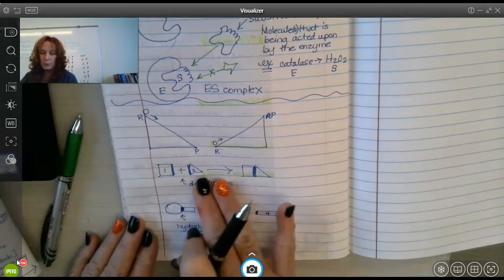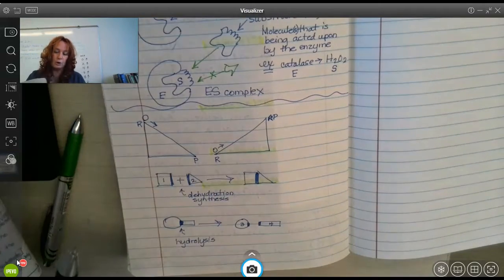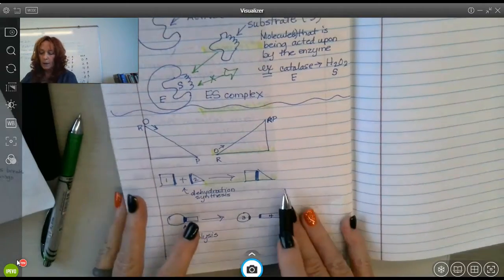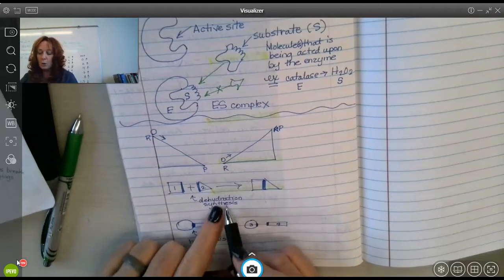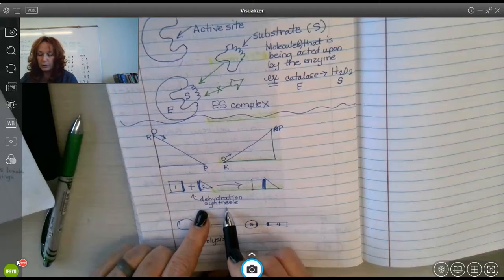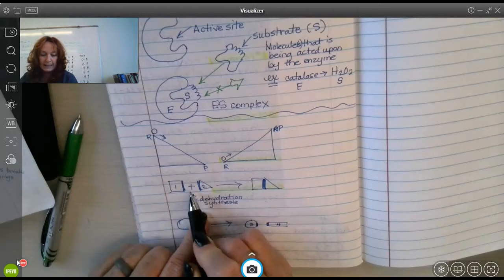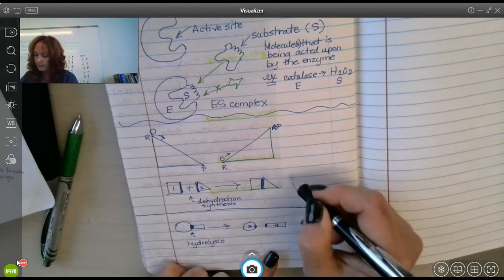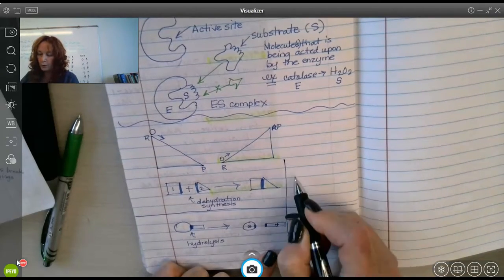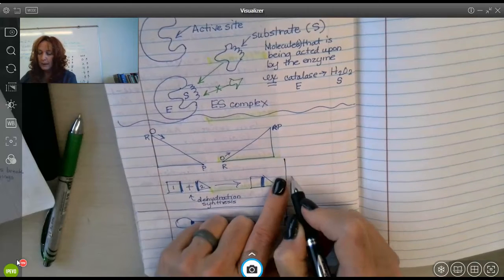While I'm here, I want to remind you of some other words that could be used for these. As we are in dehydration synthesis, we're making a bond. So let's come over here, and I'm going to put what other words could be used.